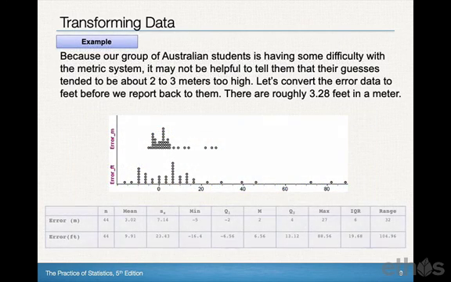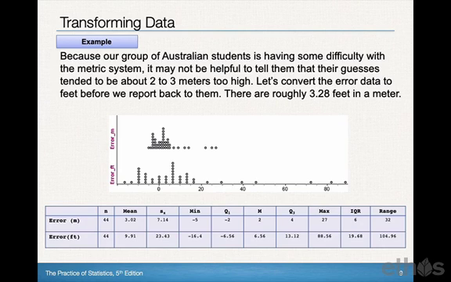Okay, so here's our graphic proof of a data set. Here's a reference. I might have gotten the reference question wrong. This is where they ask students to estimate something in meters, and then they converted it to feet or vice versa. And so it's a continuation of the last one.